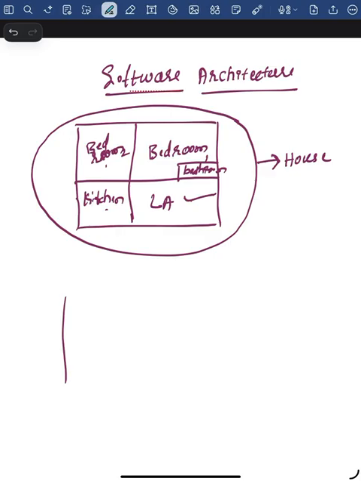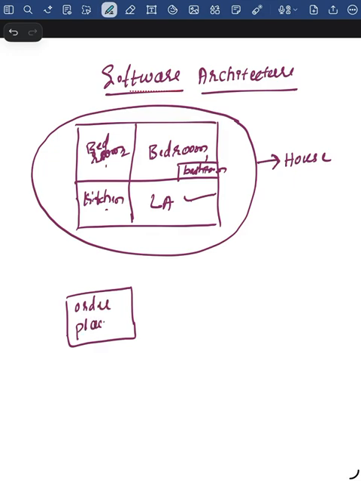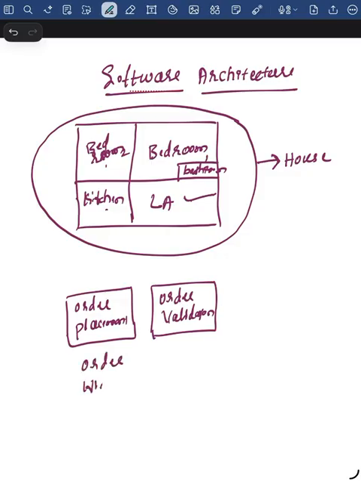Here, say we have order placement, order validation. Here we may have order history, and we can have shipment.